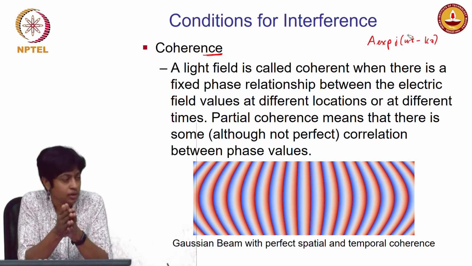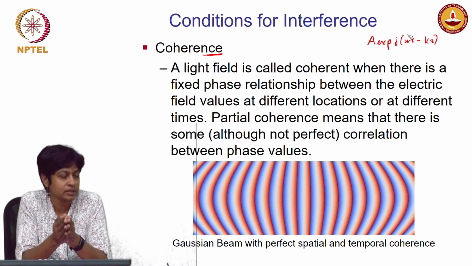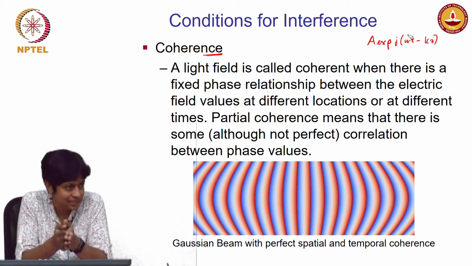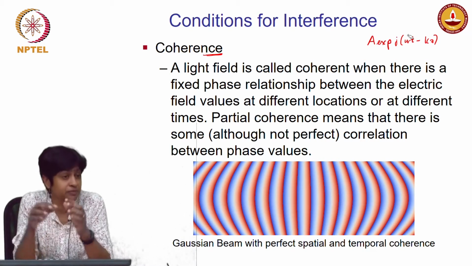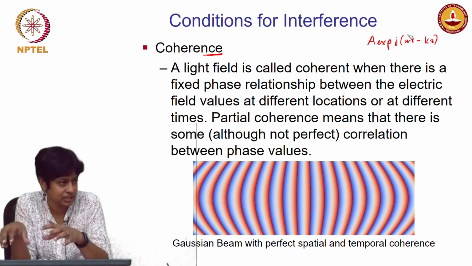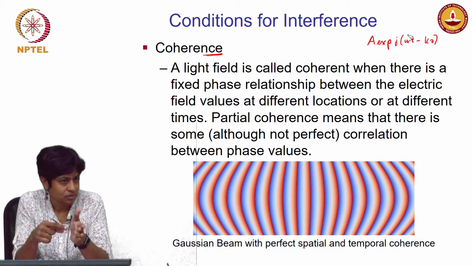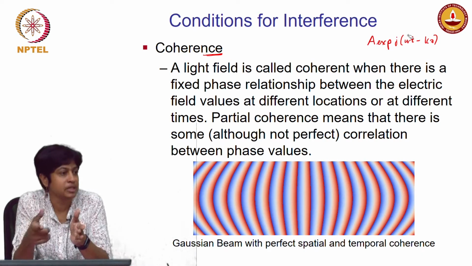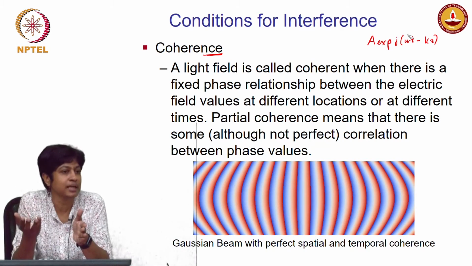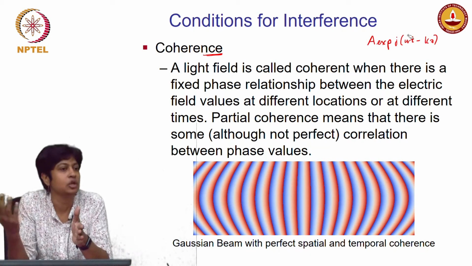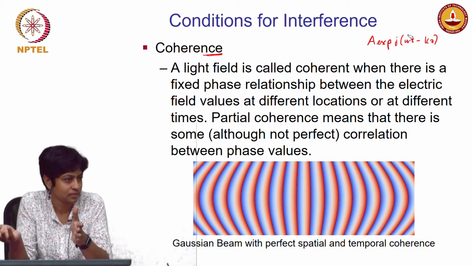So, I know what the phase of the wave is, what the amplitude of the wave is at some position z, at some point in time t. If the wave obeys this relationship, it means I can predict what is the expression for the wave after some time t at some other location z, right?